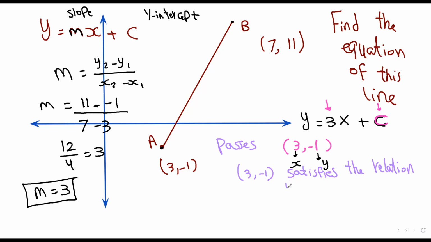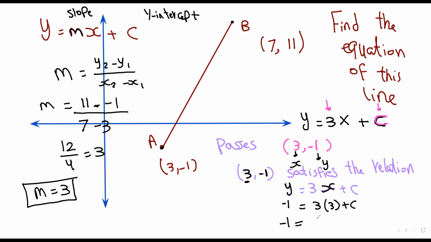So here y is equal to what? 3x plus c. You know, here instead of x, I'm going to write 3. And instead of y, I'm going to write minus 1. So minus 1 equals 3 times 3 plus c.